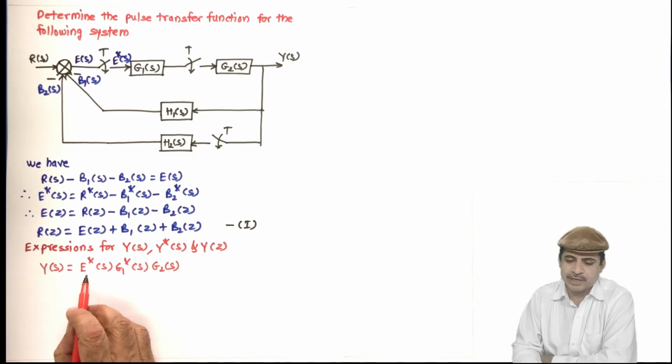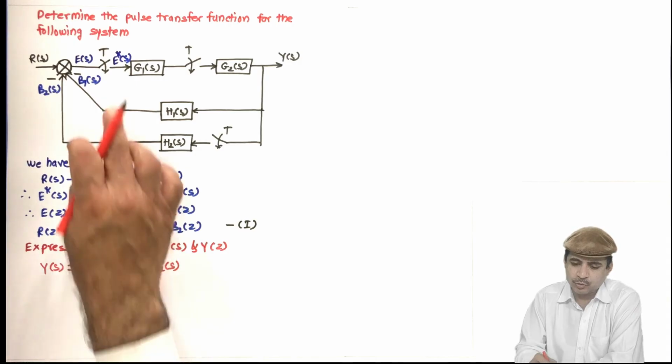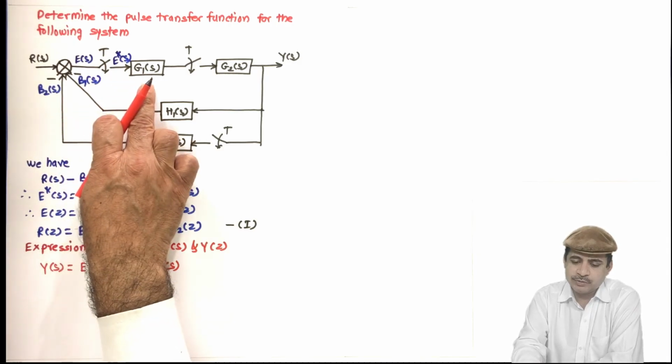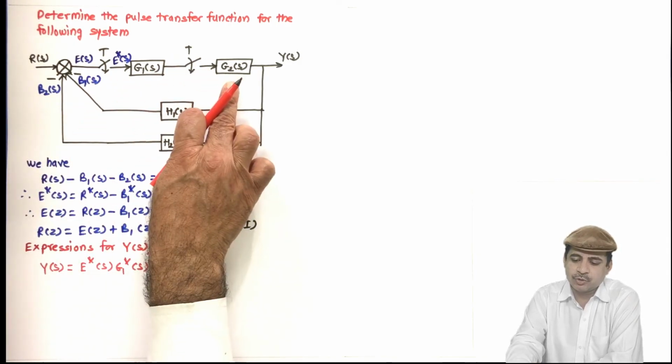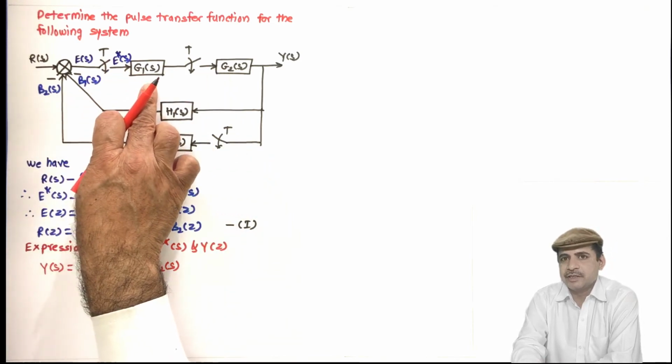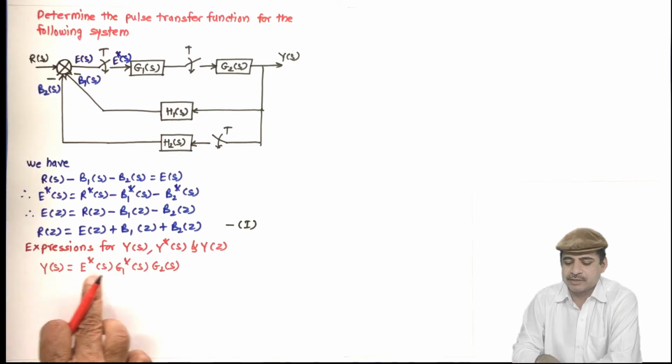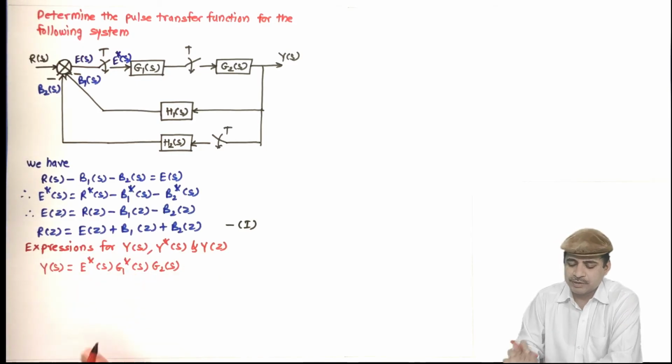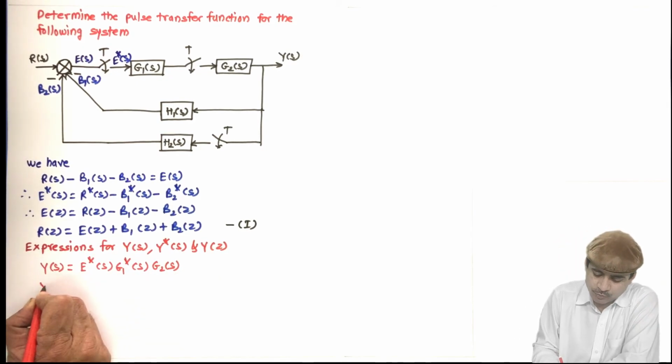Otherwise, the intermediate step would have been Y of S is equal to E star S into G1 of S whole star into G2 of S, and then E star S into G1 of S whole star is nothing but E star S G1 star of S. So I have written it directly. Henceforth, we will do the same.